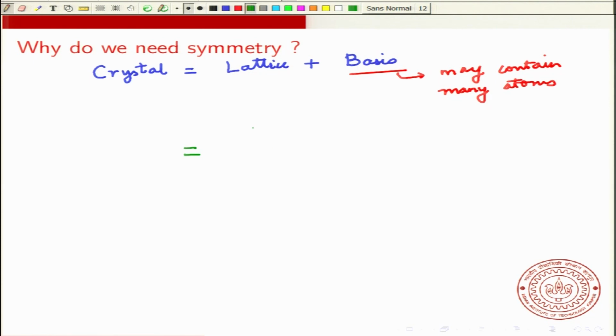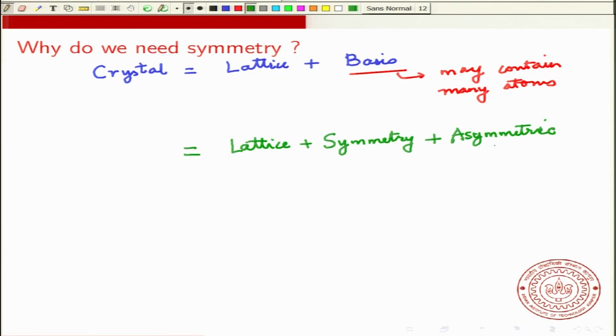You could write it as a combination of lattice plus symmetry plus a symmetric unit, or I'll write specifically an asymmetric unit.